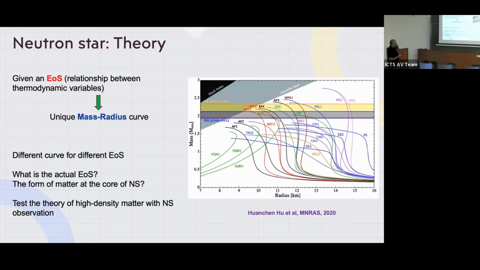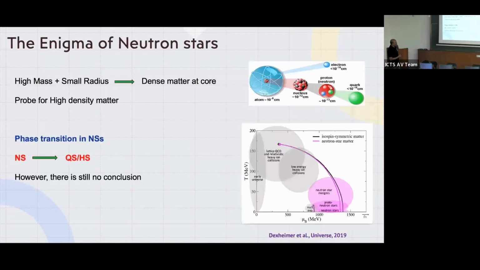That is the question that we will be trying to figure out in this presentation. And if we know the actual equation of state, we will know the form of matter at the neutron star core, and then we can test the theory of high density matter, because this neutron star mass radius curve is an observational signature of that equation of state. So we can test the theory of high density matter with these observations. We will be doing that in the next part of the talk.